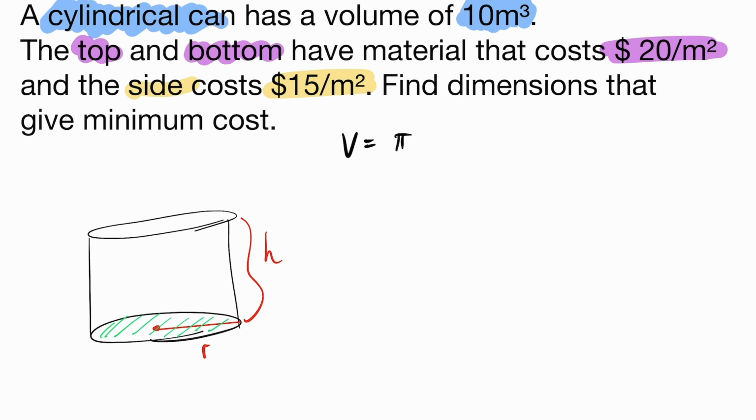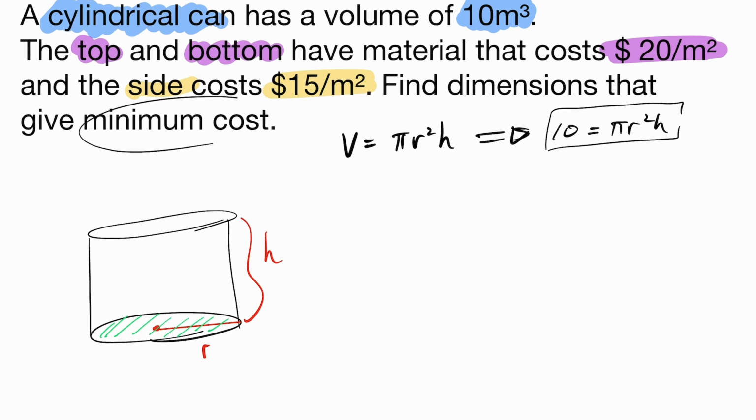And you're sort of stacking this h times, so that'll give you your height. Again, you take a two-dimensional shape and you stack that length of h, gives you now your third dimension volume, and we have the volume of the shape as pi r squared h. I know from my question that this is equal to 10. So I know that 10 is pi r squared h. That's our constraint.